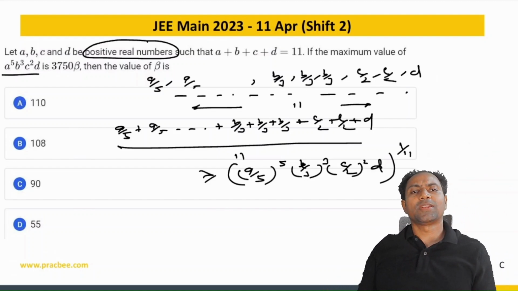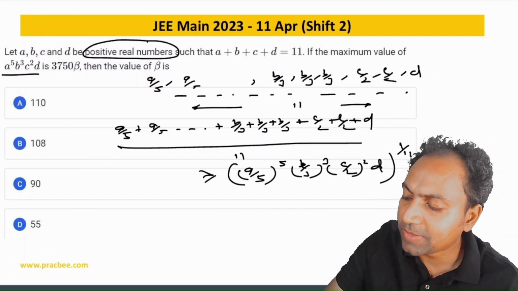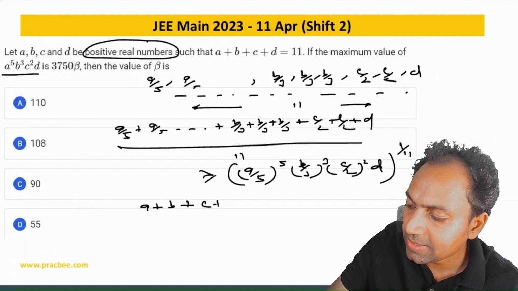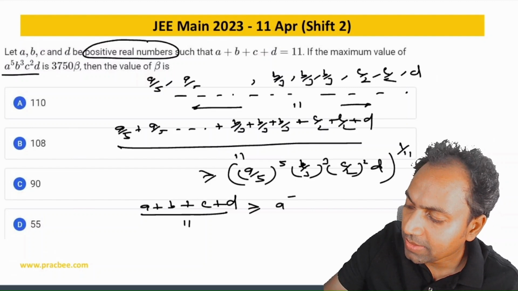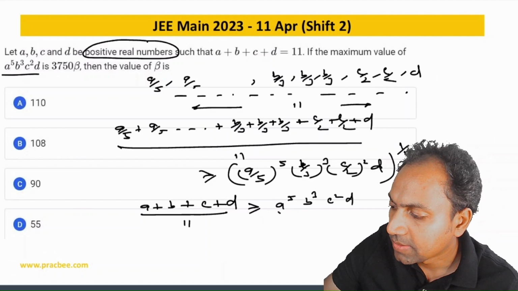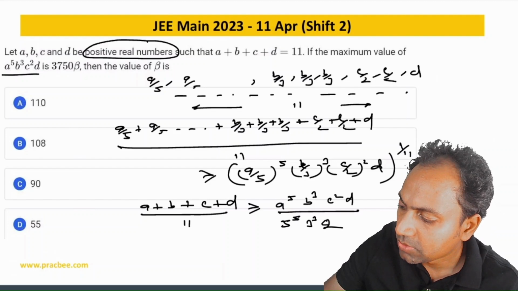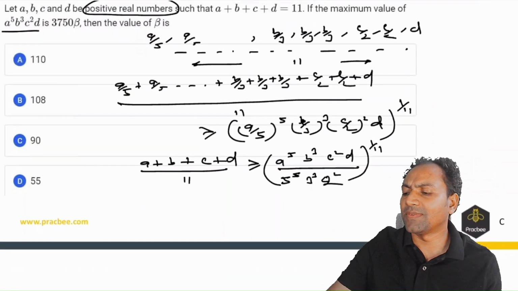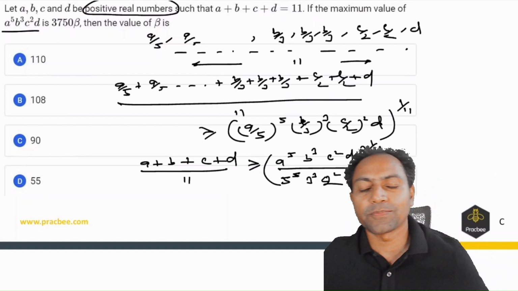Once you have done this, your life becomes very easy, because whatever is written in the numerator, 5 a by 5 will become a, 3 b by 3s will become b, then c and d, divided by 11 is always greater than or equal to a raised to the power 5 b cube c square into d, by 5 raised to the power 5, 3 cube, 2 square, raised to the power 1 by 11. See, now the numbers are given in such a manner that a plus b plus c plus d is equal to 11.